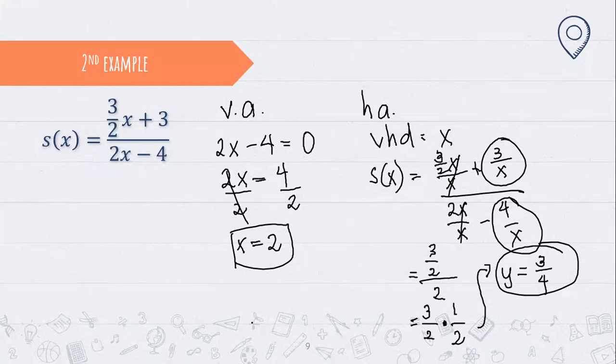Yung reciprocal, sir. 3 over 2 over 2. Very good pa rin class kasi at least alam niyo na. Nare-review naman. We learn from our mistakes. Wag lang paulit-ulitin.